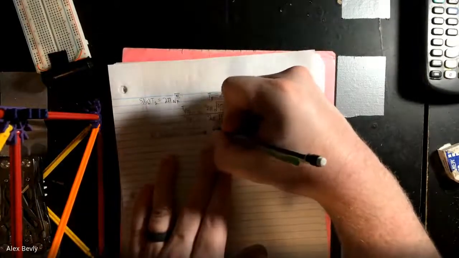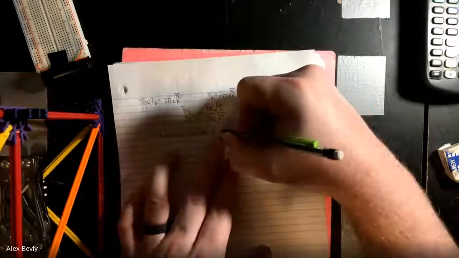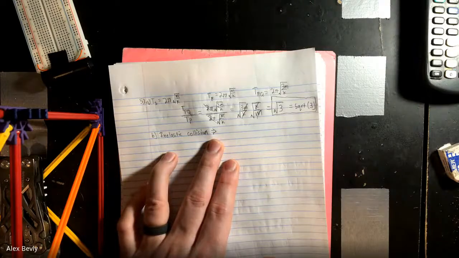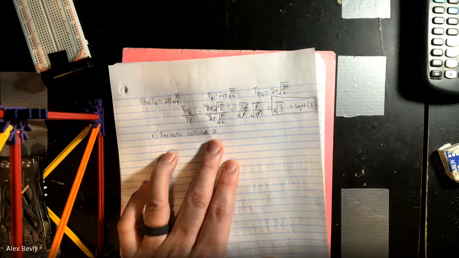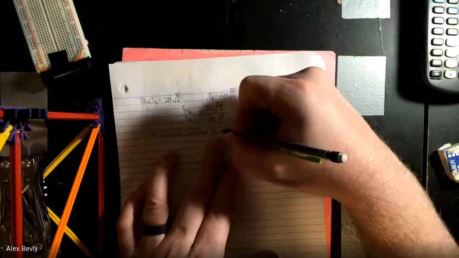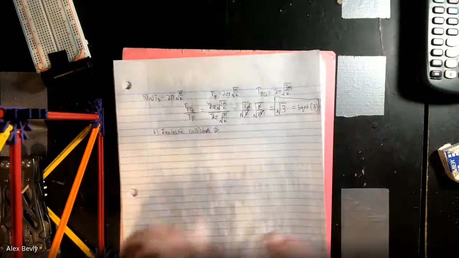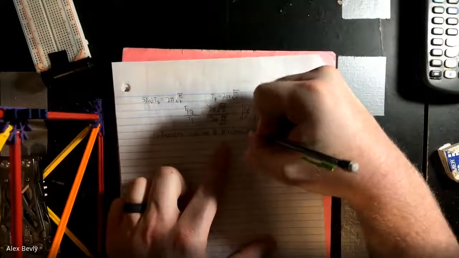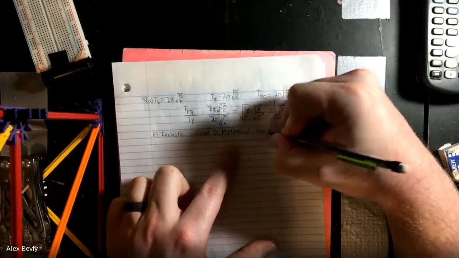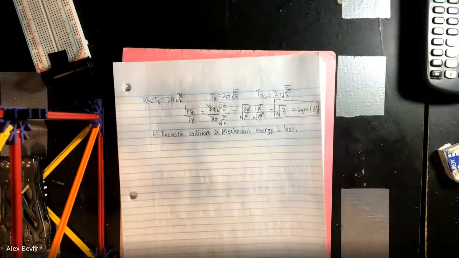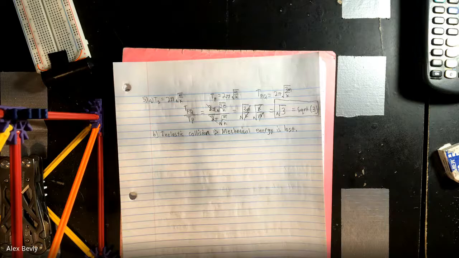So an inelastic collision means that mechanical energy is lost, and specifically we're at equilibrium. So what type of energy do we have here? So we're at the equilibrium position.